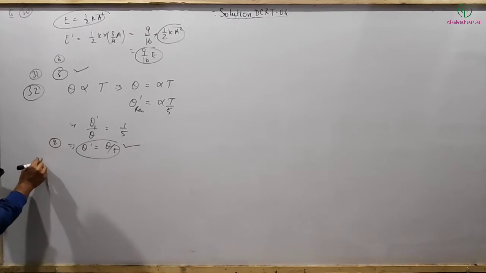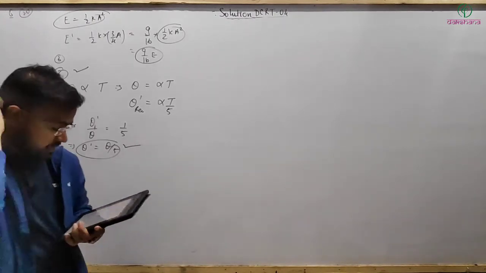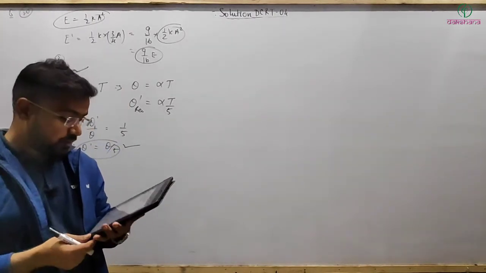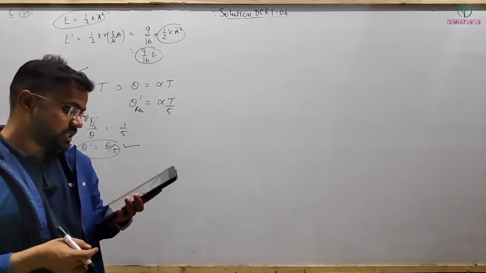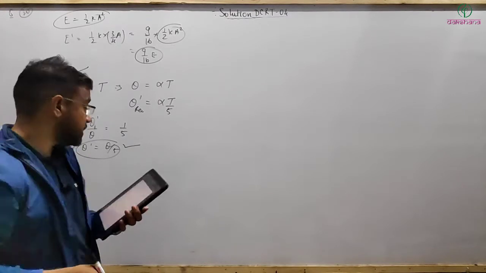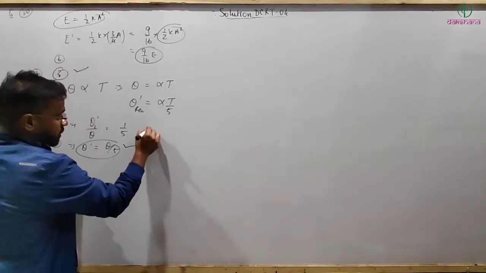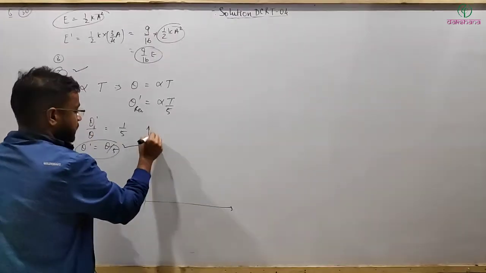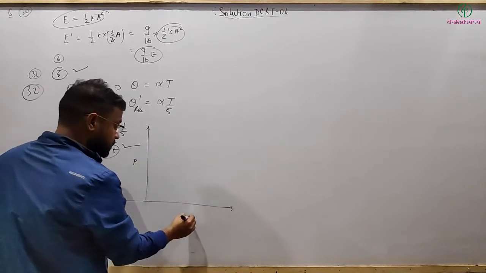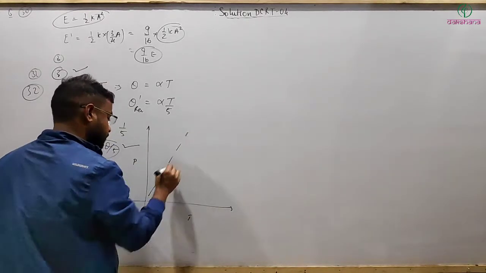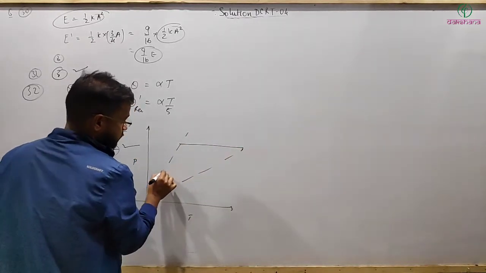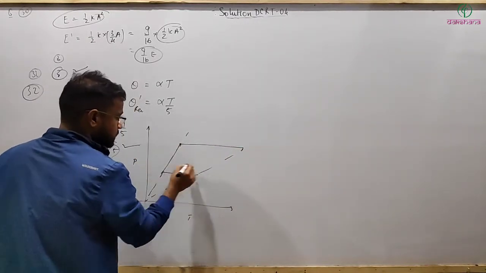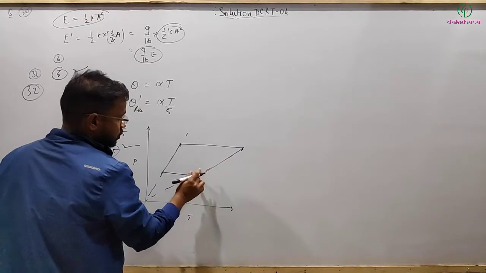Next, question number 33. So here we have 6 moles of ideal gas performing a cycle shown in the figure. The temperatures TA, TB, TC and TD are mentioned. The work done per cycle. So here you have this system. This is a P versus T graph, and this is the graph given to you.